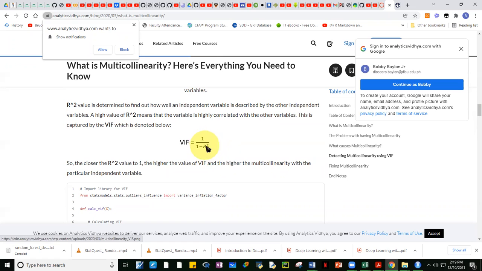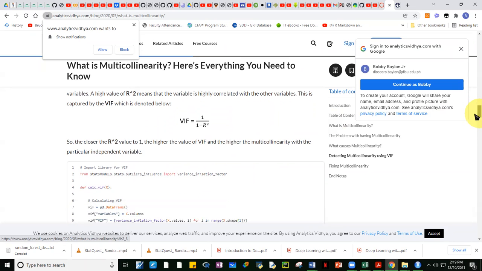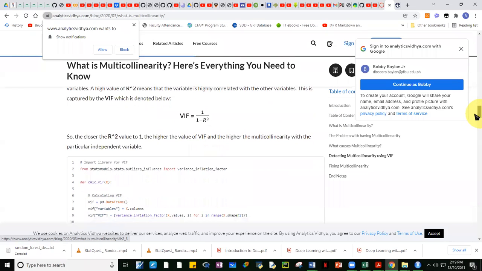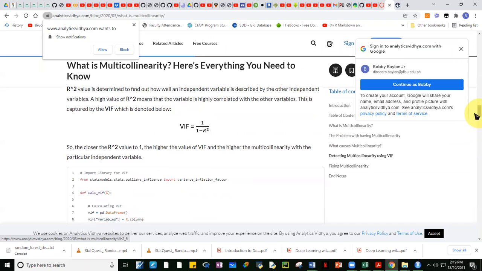Pag mataas yung correlation, kunyari 0.9, ano mangyayari sa VIF natin? 1 minus 0.9 is 0.1, so 1 over 0.1, that means 10. So tumataas yung VIF pag mataas yung correlation ng dalawang variables. If the two variables have a very high correlation, VIF becomes very high.